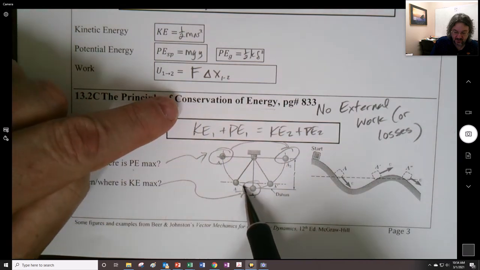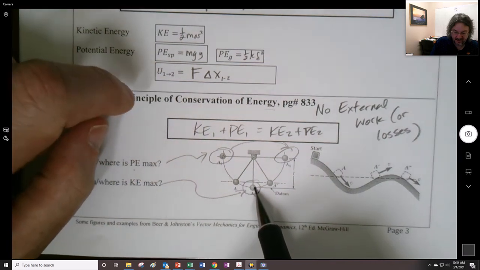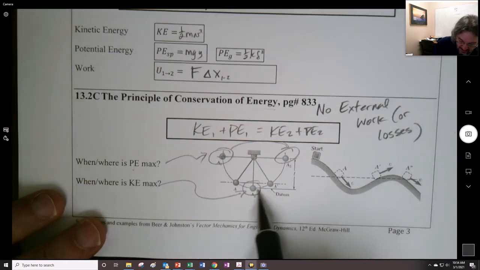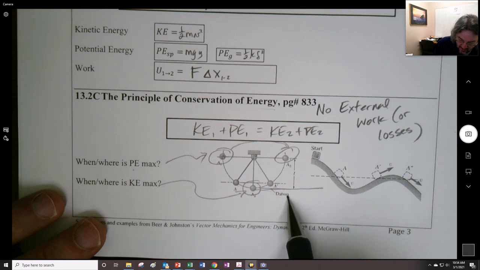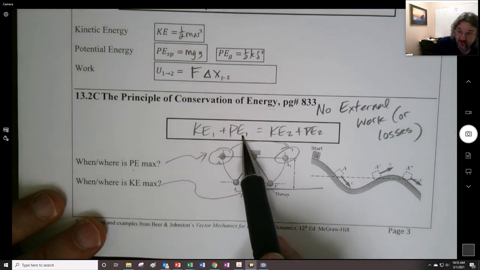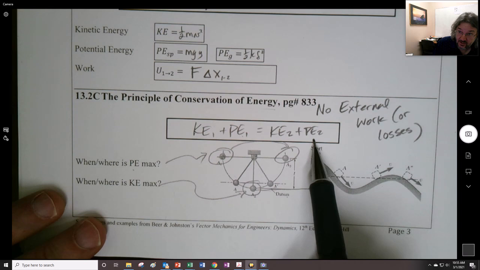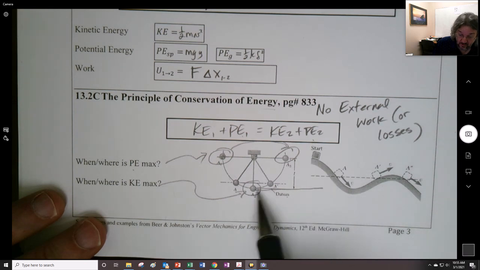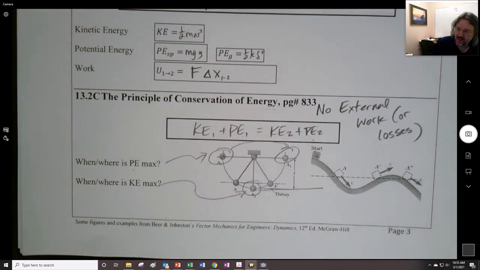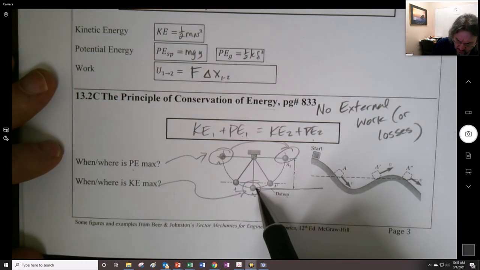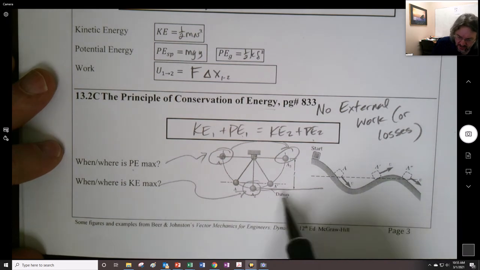As it's moving down, it gets down to here, and that's a good place to say that is the datum right here. Because now we could say potential energy right down here is going to be 0, and kinetic energy is at its maximum. So all of the energy is now kinetic energy because we've established that's where the datum is, where we're going to say that's where the 0 for potential energy is going to be.